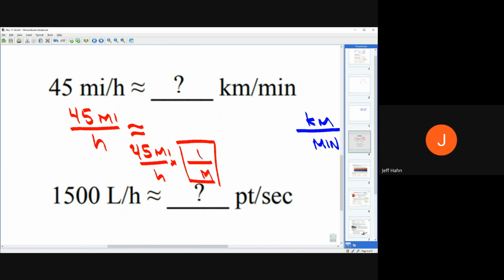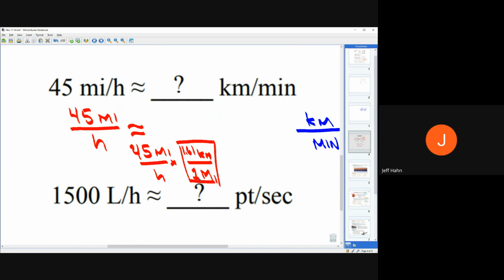Kilometers. Kilometers is what I'm changing. So then you're gonna have to find out what's that conversion factor. 1 mile is how many kilometers? 1.61.